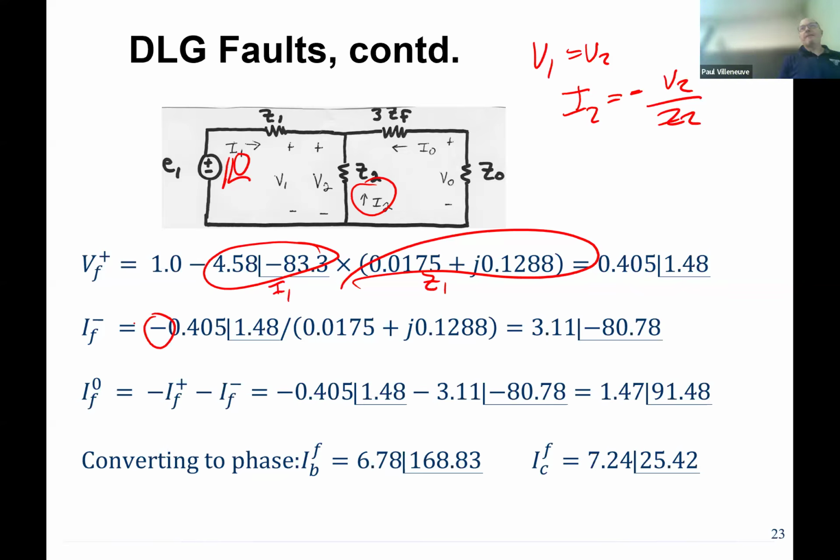That's what the negative is right here, because they are in the opposite direction. If you notice, my reference has the current going up, but my voltage drop is in the opposite direction. That's where I get the negative. Normally, when you have current going up, it'd be plus to minus, bottom to top. But because my reference is plus to minus here, and that negative sequence current is going up, that's where I get those values.